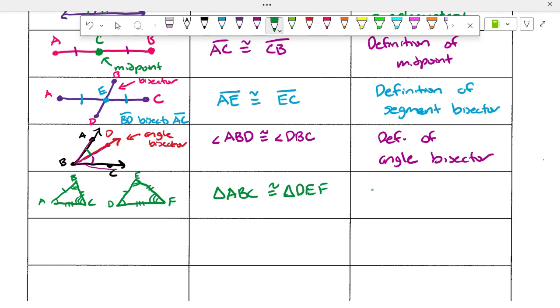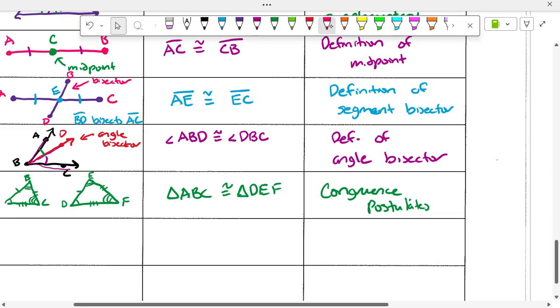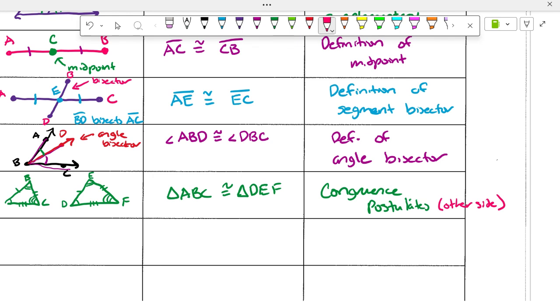That means that we had to use one of our congruence postulates, which remember that's on the previous page. So just know that the congruence postulates are on the other side. So that is side, side, side, side, angle, side, angle, angle, side, and hypotenuse leg. To prove triangles are congruent, you got to use one of those postulates.